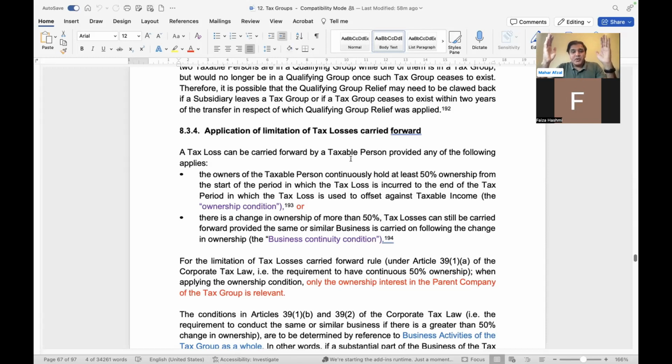Second, there should be continuity of business, meaning they are operating the same business activity. There should not be any major changes. If these two conditions are satisfied, then they can carry forward the losses for an unlimited period of time, and each year they will be adjusting a maximum of 75% of their taxable income.